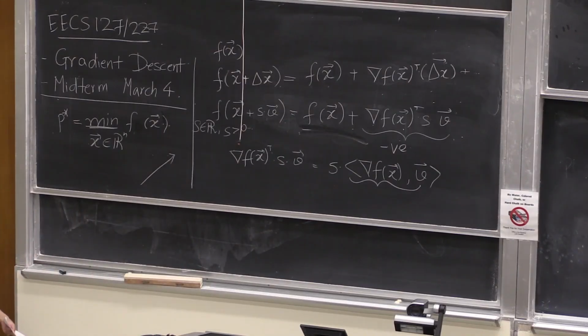I want to make f of x plus delta x as small as I can, right? So I want to have v, do I want to have it in the direction of the gradient, orthogonal to the gradient, opposite to the gradient?